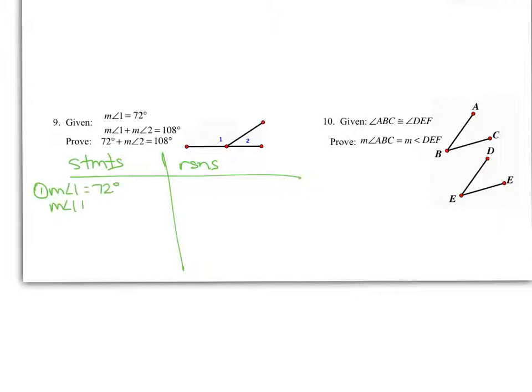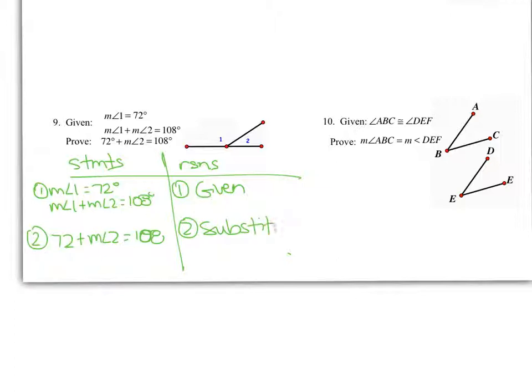The measure of angle 1 plus the measure of angle 2 equals 108 degrees. We just want to prove that 72 plus the measure of angle 2 equals 108. So all we had to do was substitute. So remember, do not abbreviate substitution property, because it looks like subtraction.